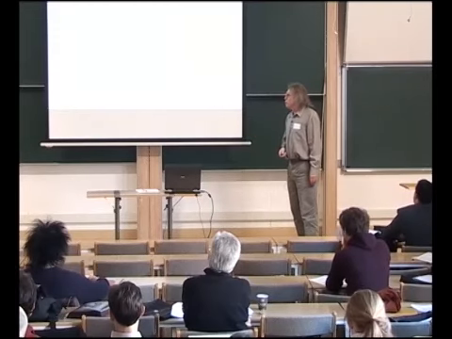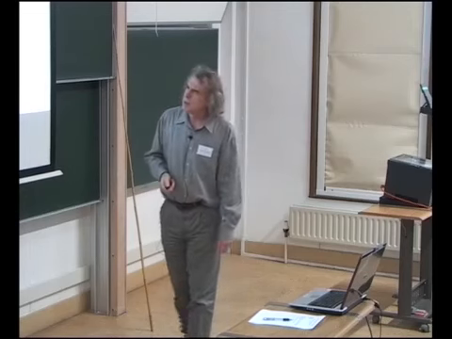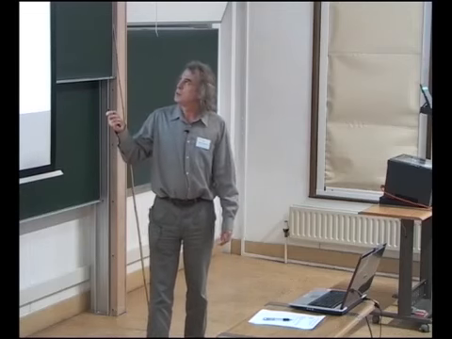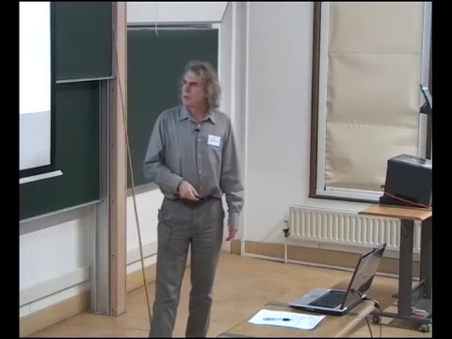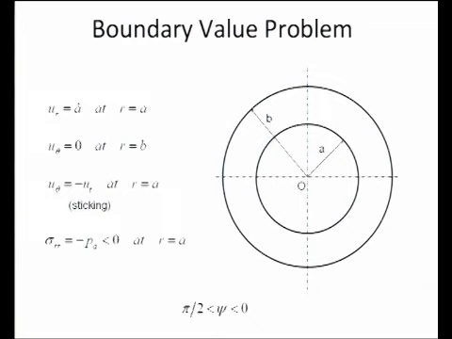These conditions are actually not necessary to understand the general features of the solution, but for completeness of the boundary value problem, we have to impose a condition on the radial stress somewhere, for example, at this radius. Without loss of generality, we can assume that psi is between pi over 2 and 0. It just determines the direction of rotation, so it's not important.